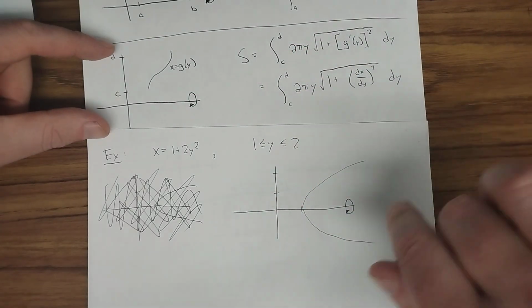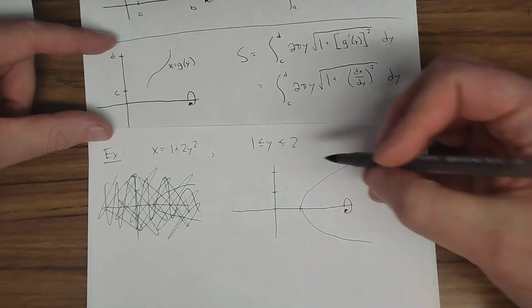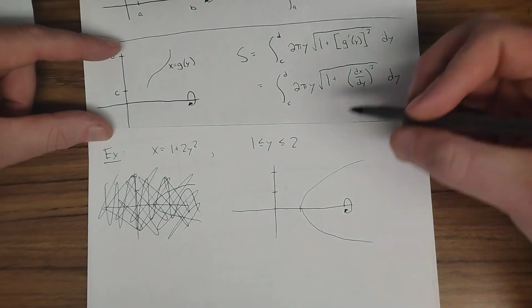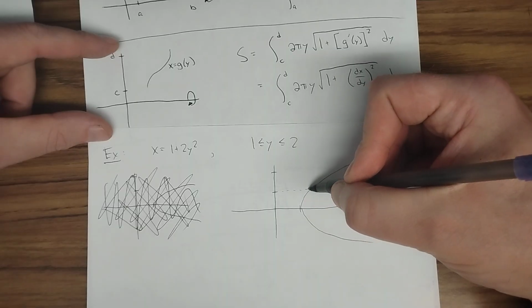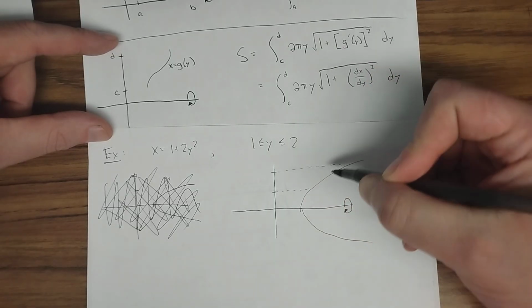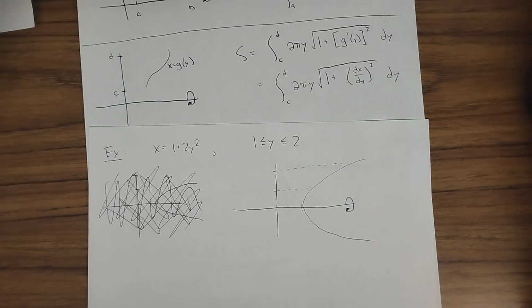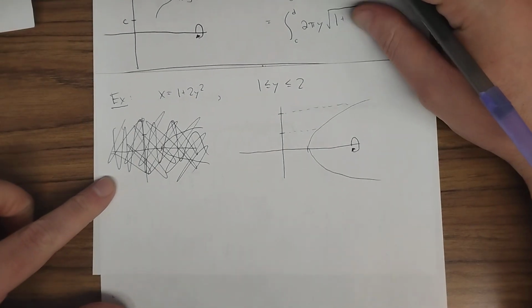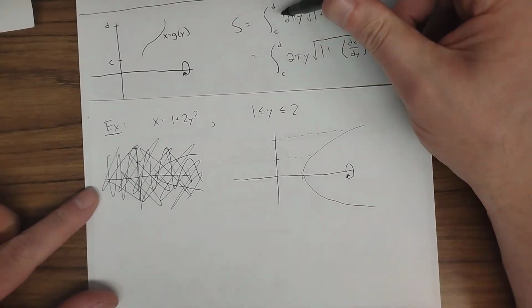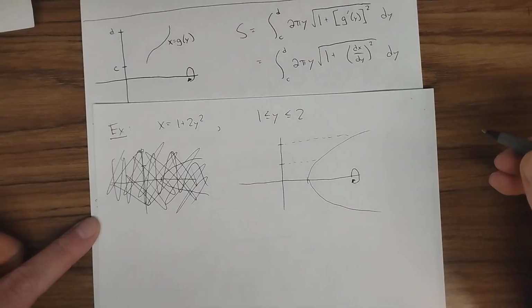This is a sideways parabola opening to the right, and we're going from y equals 1 to y equals 2. So it's like we're taking this piece of the parabola from here to here and revolving it around the x-axis, and that's the surface area that we're finding. But again, the picture isn't really necessary. We're just using this formula.